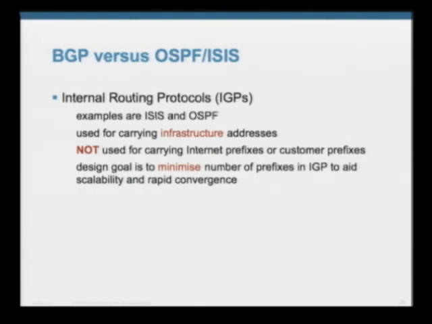Putting 20,000 customers into OSPF is not good practice. You can do it, but you can do lots of other things that are probably not good ideas either. So OSPF and ISIS are used for carrying infrastructure addresses. By and large, your point-to-point links, if you need to carry those, and your loopback interface addresses on your router so that you can run IBGP.